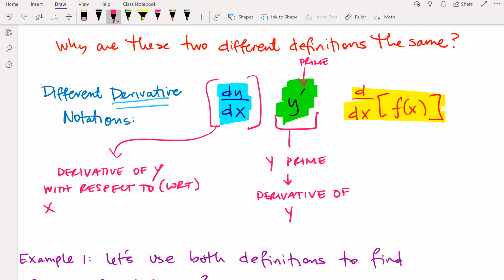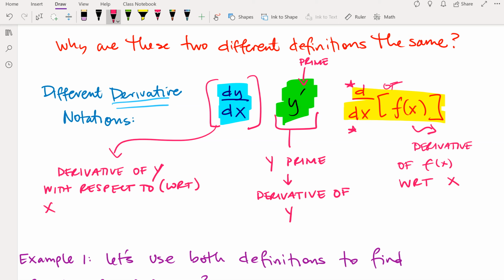All right, and then this last one is d dx. So you can read the d dx of f of x, and that means the derivative of f of x with respect to x.